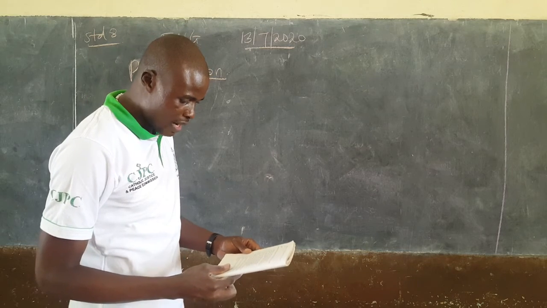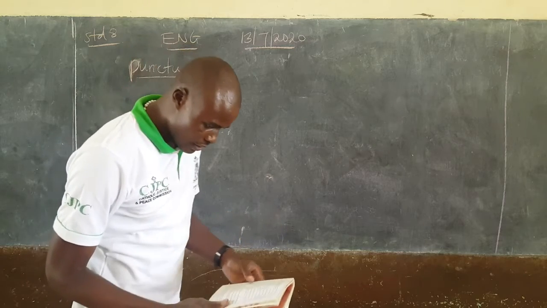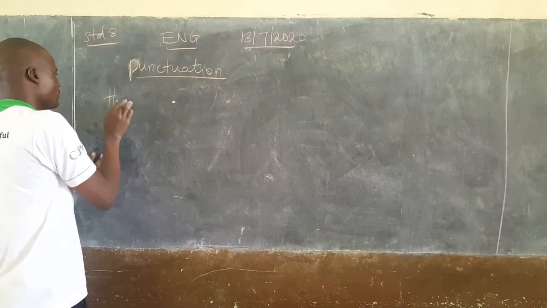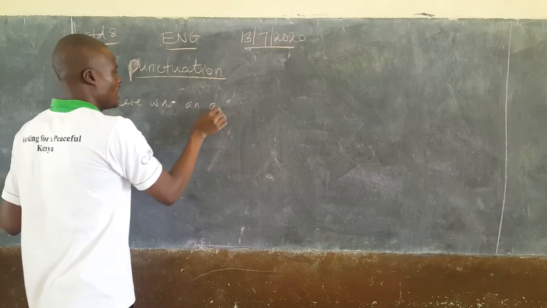Number one. We may be given a sentence like this. I'll write it the way it is written here. There was an announcement.